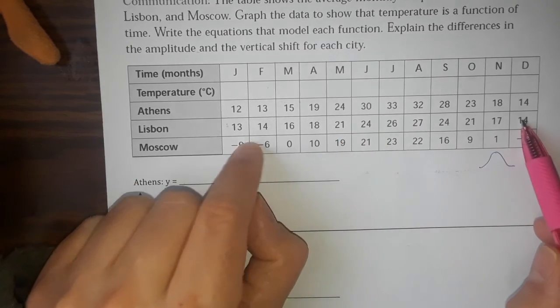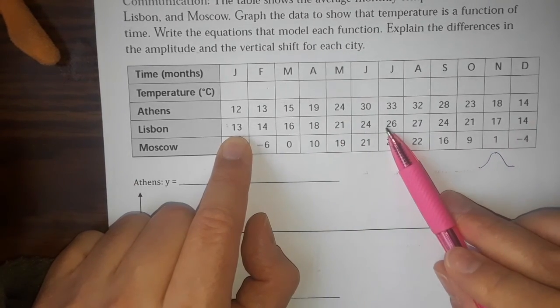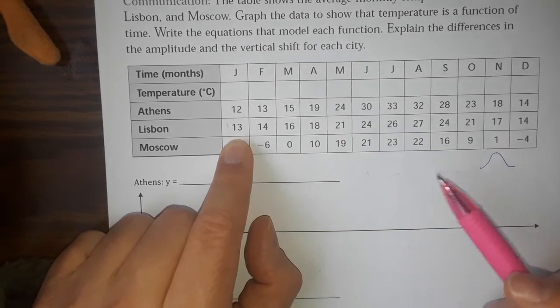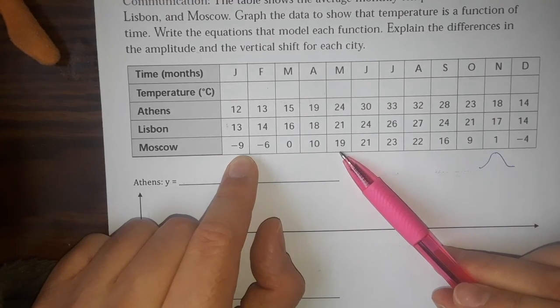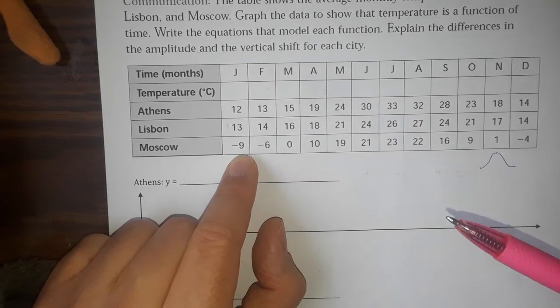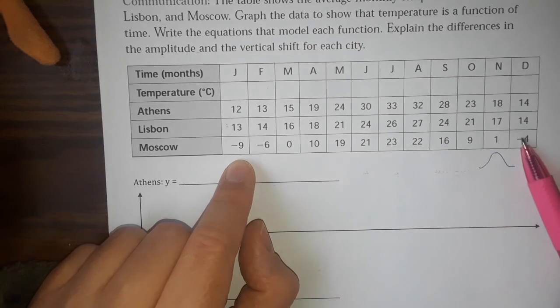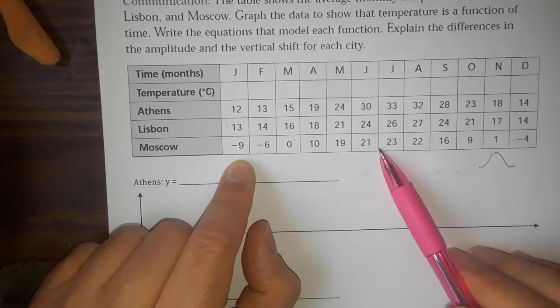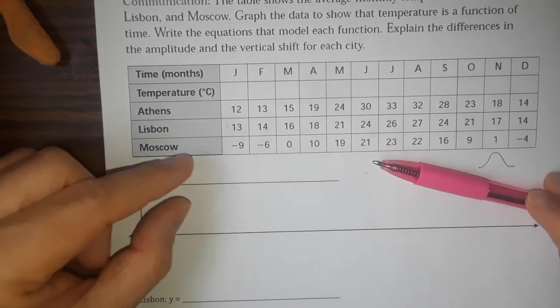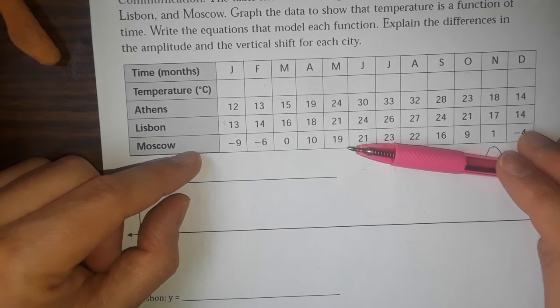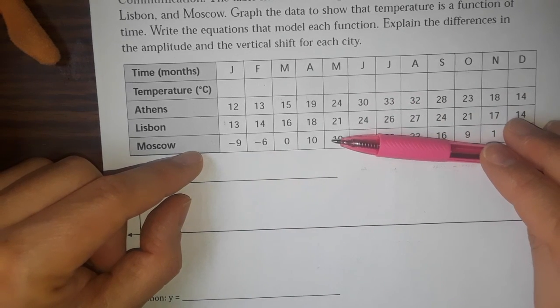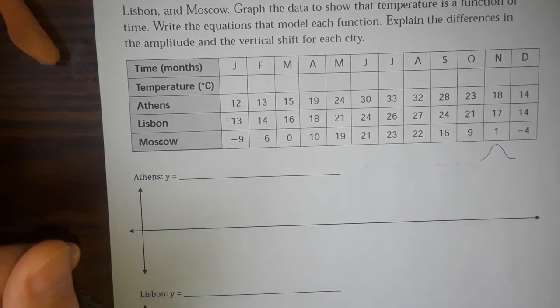So the amplitude will be smaller, while in Moscow, as the temperatures get much lower and it doesn't get as hot, that means that it is going to be shifted downwards compared to Athens. Correct?